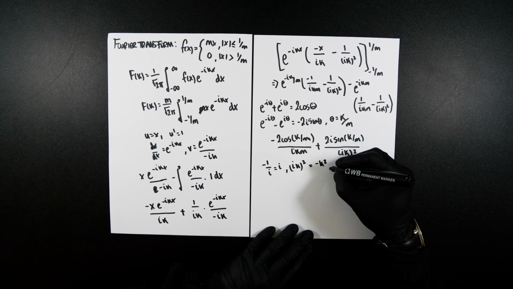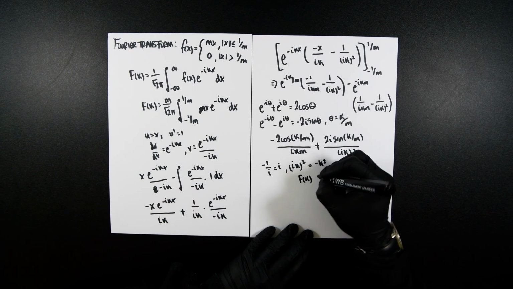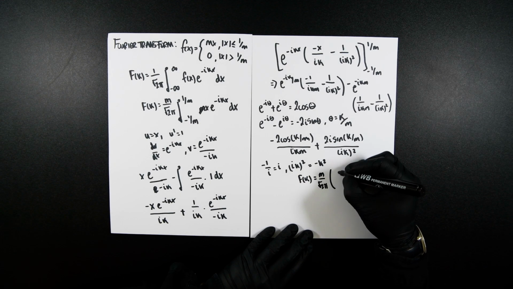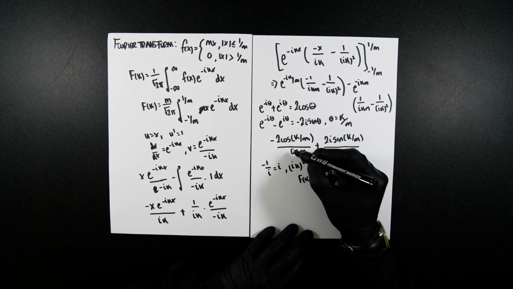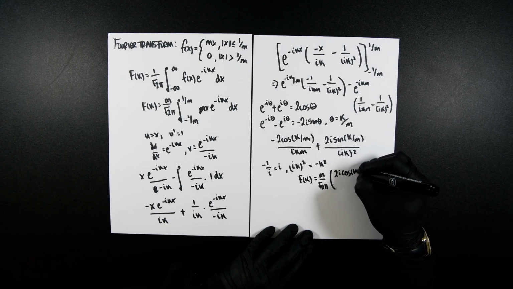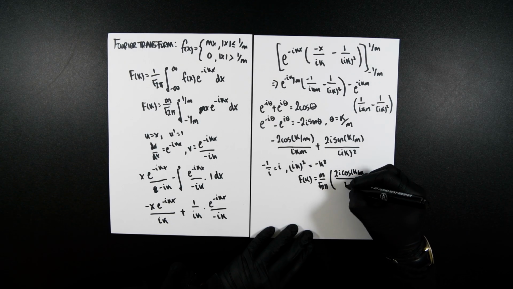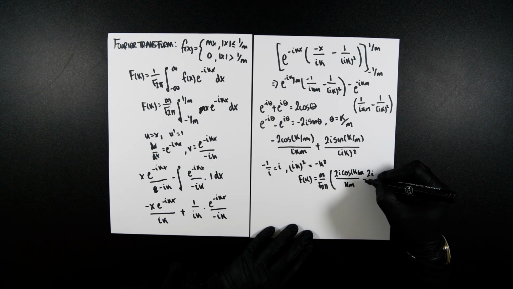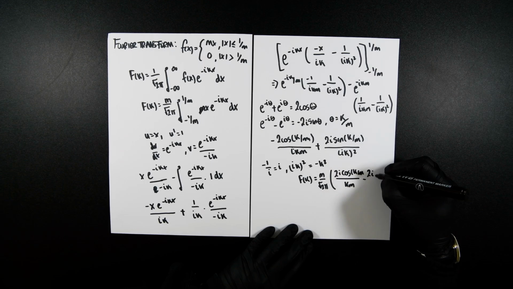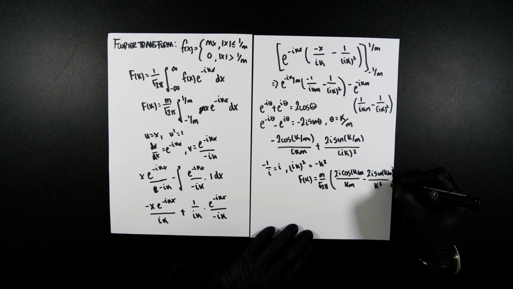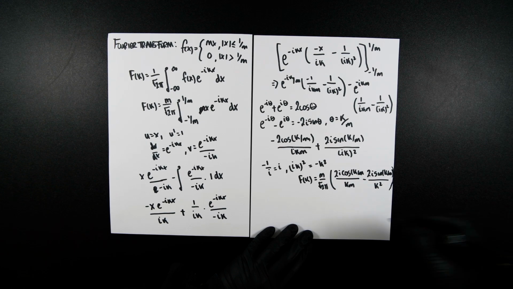So f(k) would then be m over root 2 pi, and you would get 2i, because remember, this minus i here goes to the top, cos k over m divided by km, minus 2i, because remember this has become i squared, sine k over m divided by k squared, and pretend there's a lovely closing bracket, but I couldn't fit it.